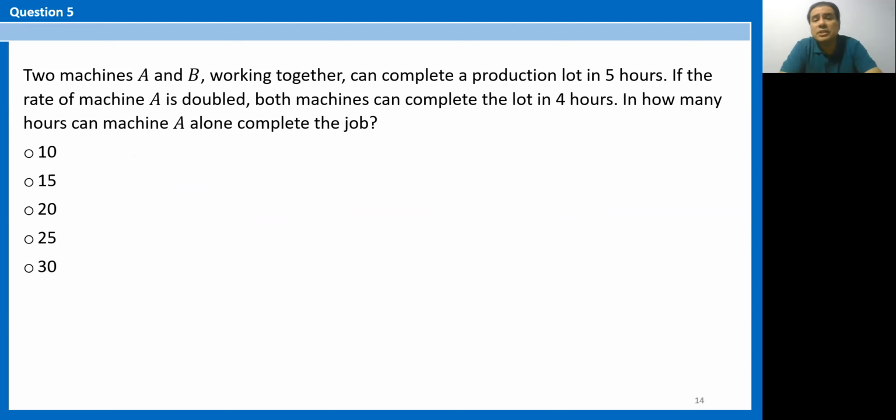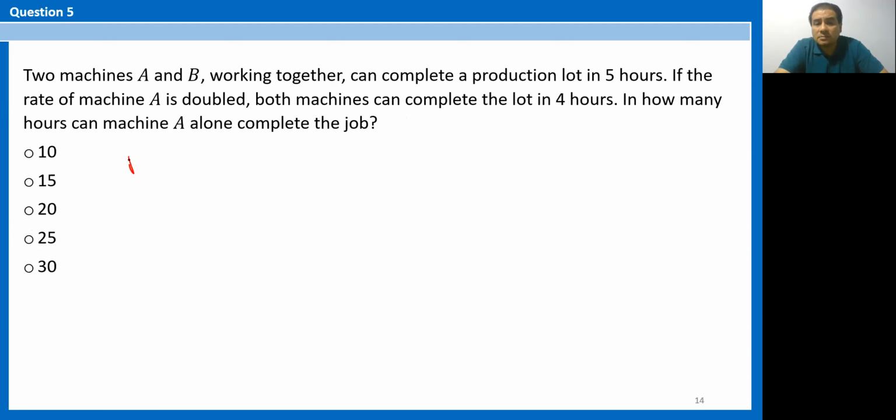Question 5. Two machines A and B working together can complete a production lot in 5 hours. If the rate of machine A is doubled, both machines can complete the lot in 4 hours. How many hours can machine A alone complete the job? Okay, we can formulate here two expressions, right?